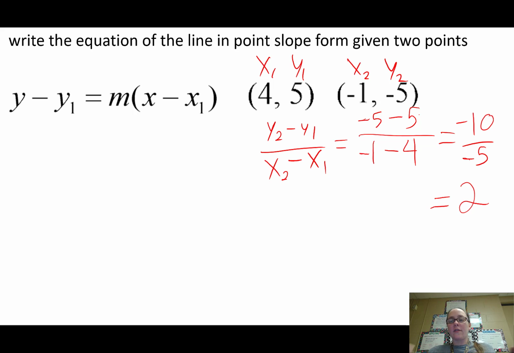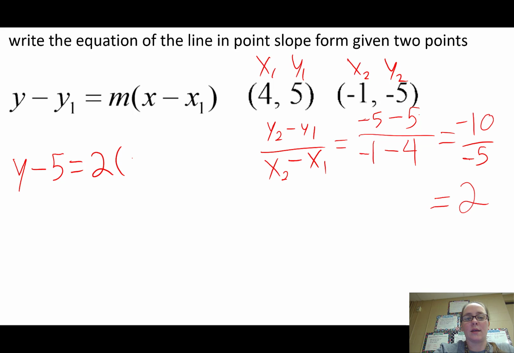So now that I have my slope, I can pick one of the 2 points and plug in. I'm going to show you with both points so that you can see. So we're going to get y minus, I'm going to start with my x1, y1, 5 equal to 2 times x minus 4.